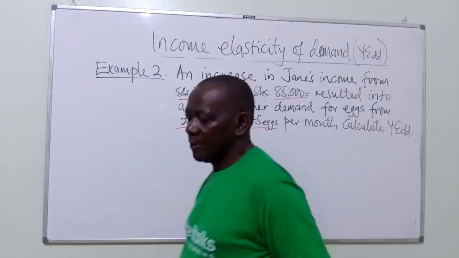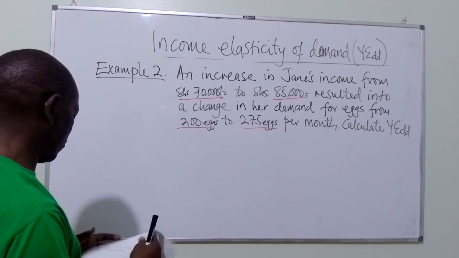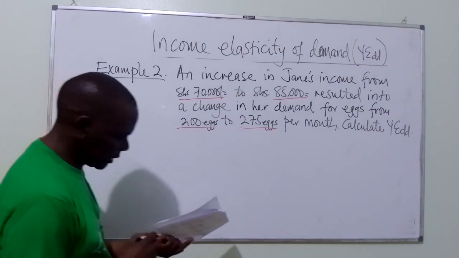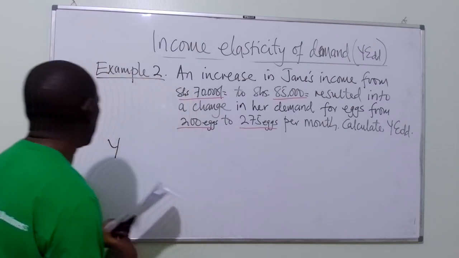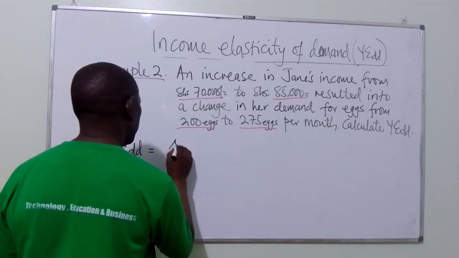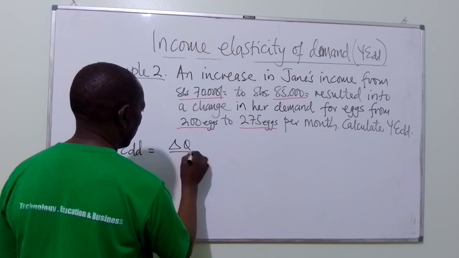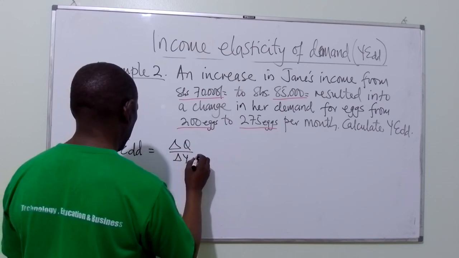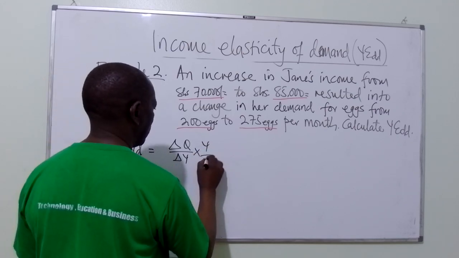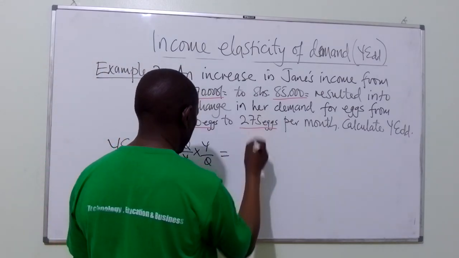calculation. Now we are saying, let us calculate the income elasticity of demand. And as usual, we begin with the formula. So we say income elasticity of demand is equal to change in quantity over change in income, times income over quantity which you are demanding. And we are now substituting these figures.